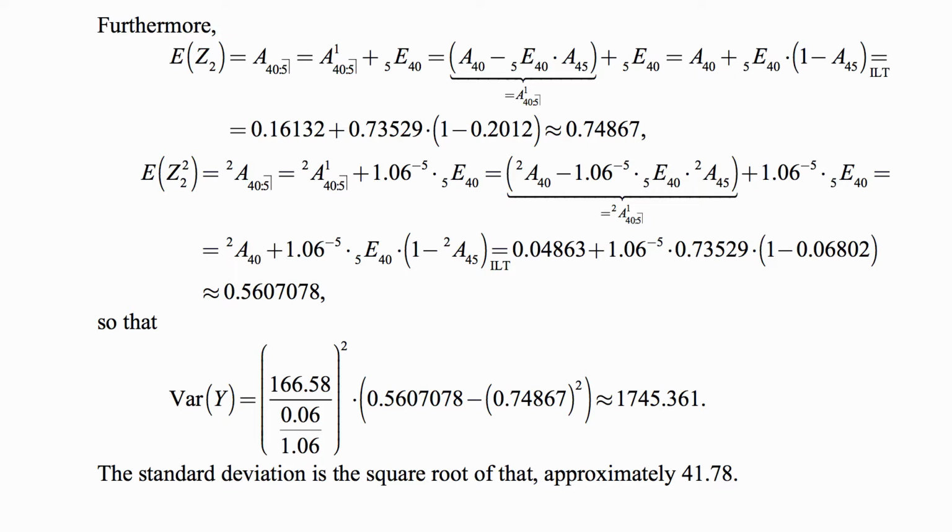And now we write the term insurance as 2A40 minus deferred by 5 years, but under the double force of interest. So again, 1.06 to the negative fifth times 5E40 times 2A45, which we can get from the illustrative life table, plus 1.06 to the negative 5 times 5E40.